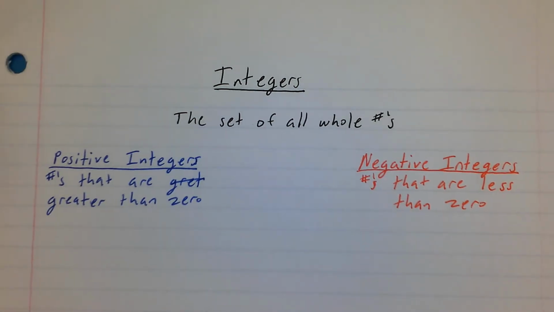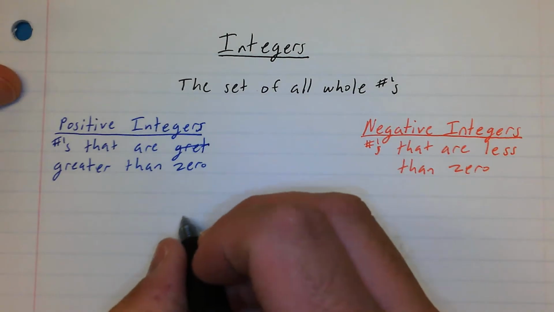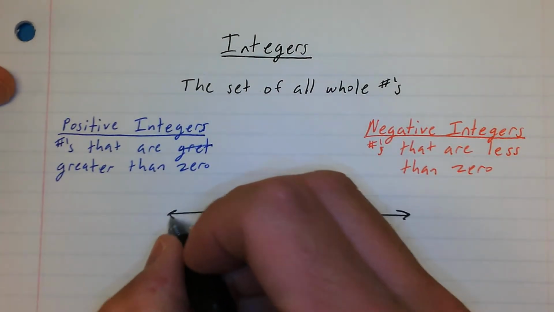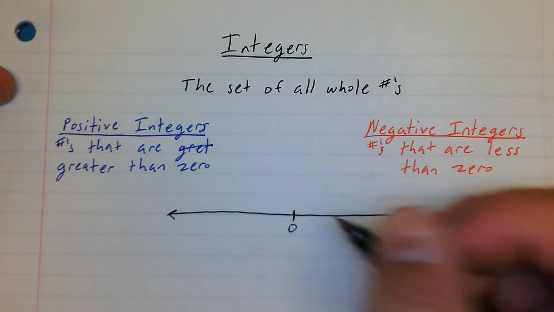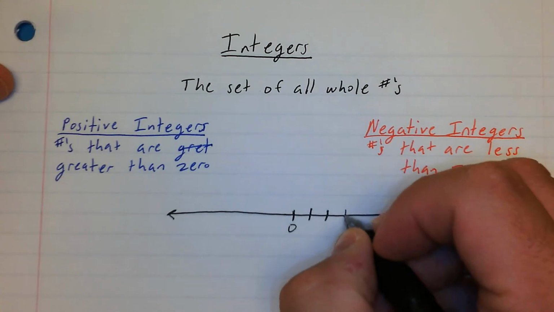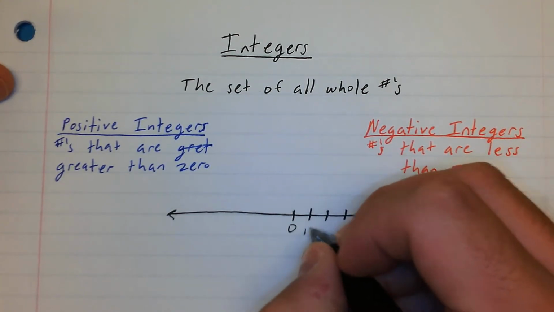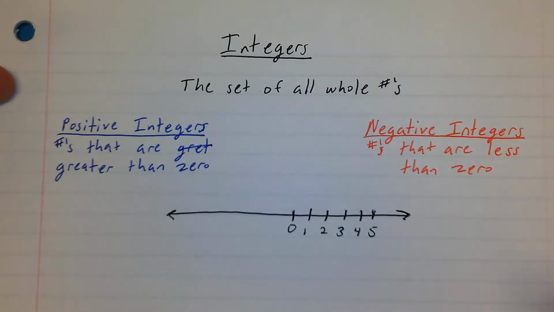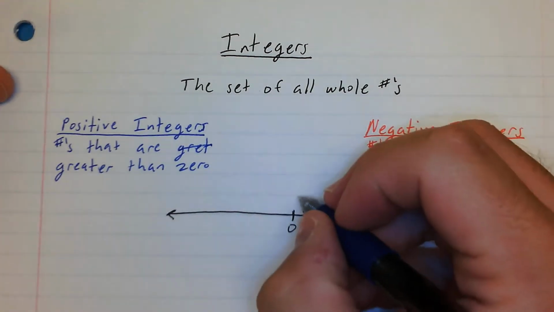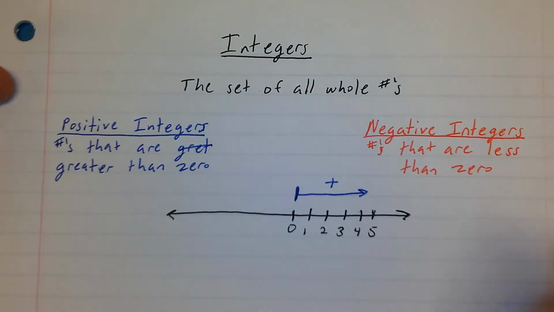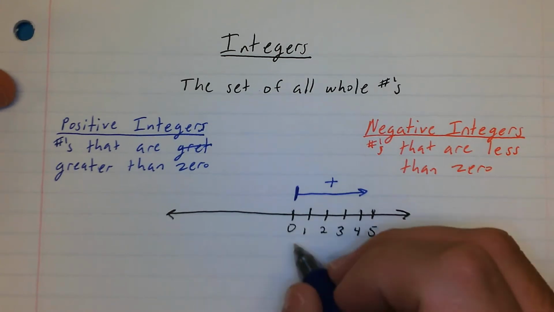So if I were to draw out a number line, starting with 0 in the middle, all the numbers to the right, so 1, 2, 3, 4, 5, so on and so forth. If it's a number that goes to the right of 0, that means we're adding, it's going to be positive.